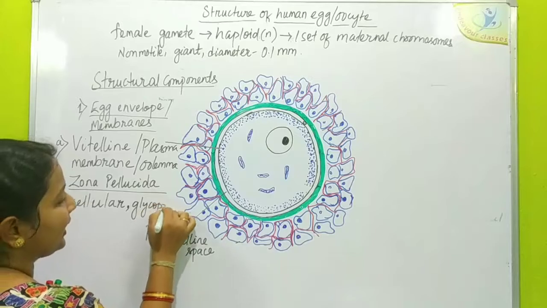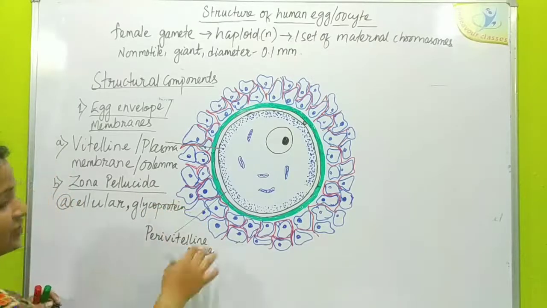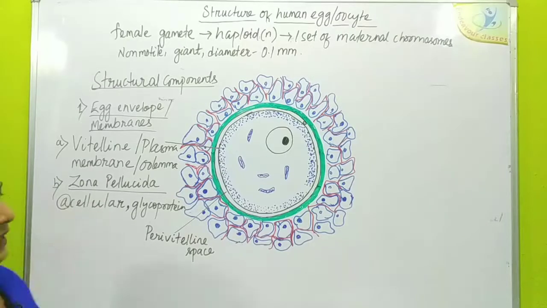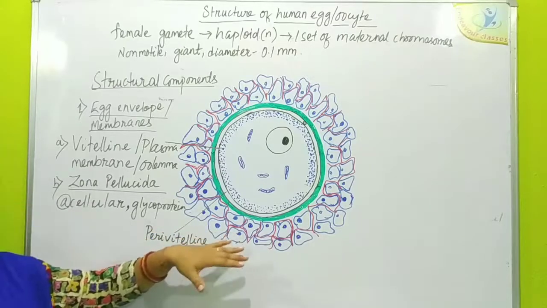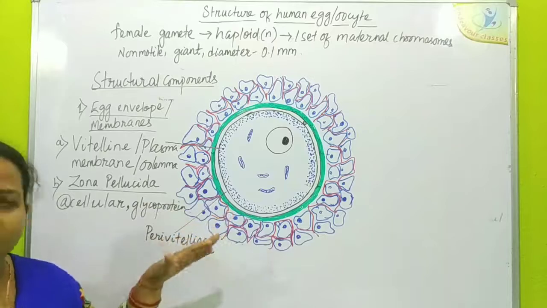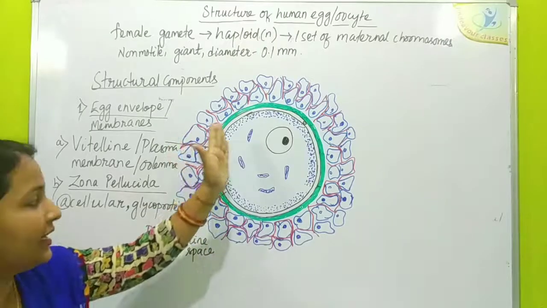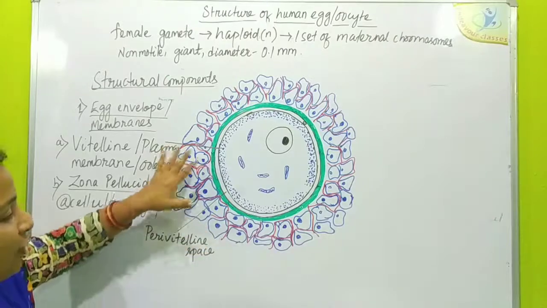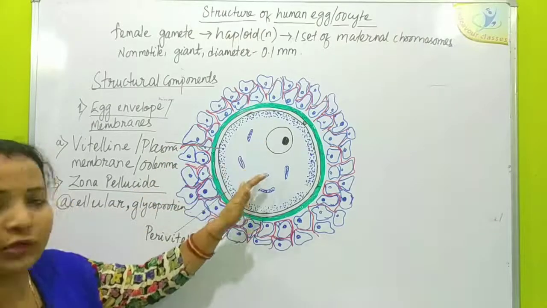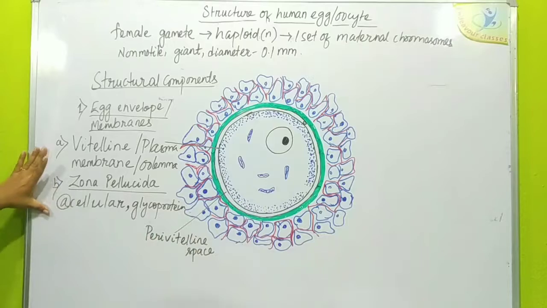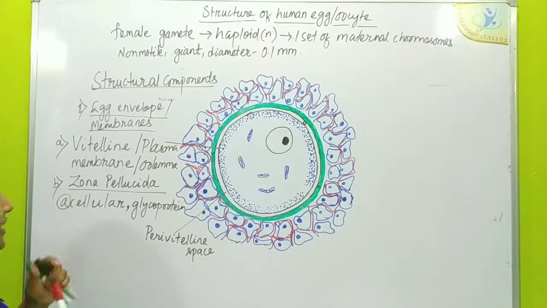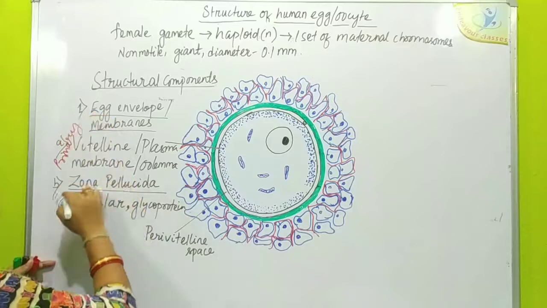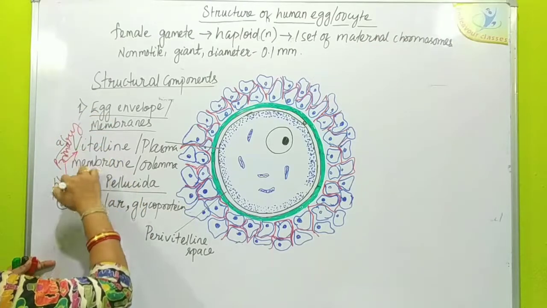These two, vitelline membrane and zona pellucida, are the primary membranes because these are secreted by the cells. The vitelline membrane is secreted by the oocyte itself, and the zona pellucida is secreted by follicular cells and partly by the oocyte. So that is why these two are primary membranes.